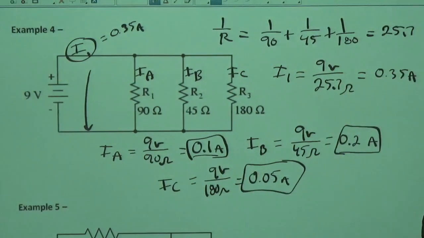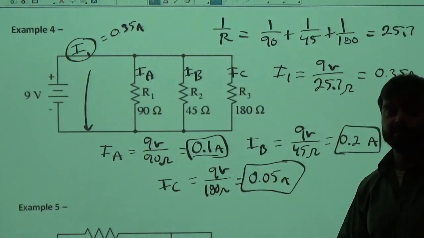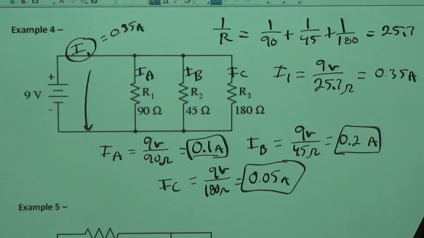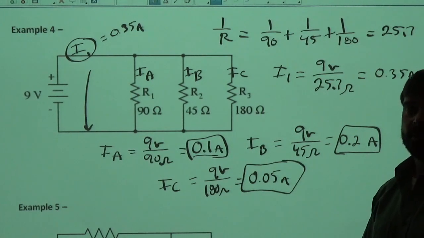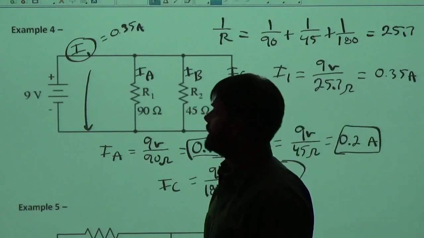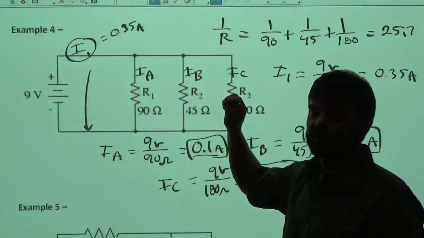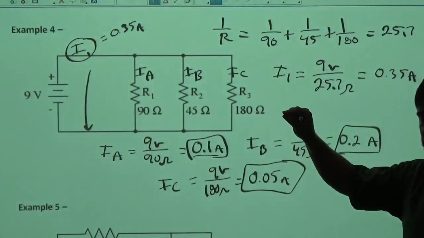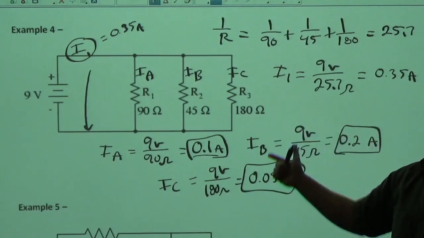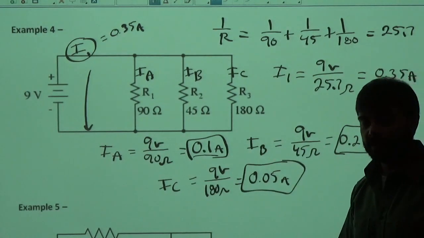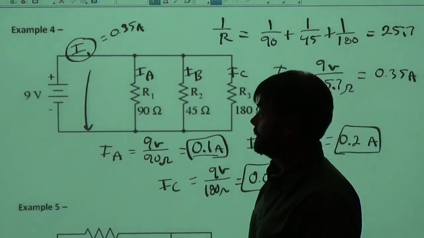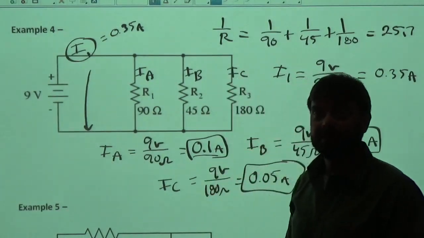If I add those three things together, you'll see that I also get the 0.35 amps from the beginning. So Kirchhoff's rule, which we won't talk about a whole lot, basically says whatever current is flowing from one part of the circuit has to equal the total combination of current flowing through any other part of the circuit, because it's all connected.